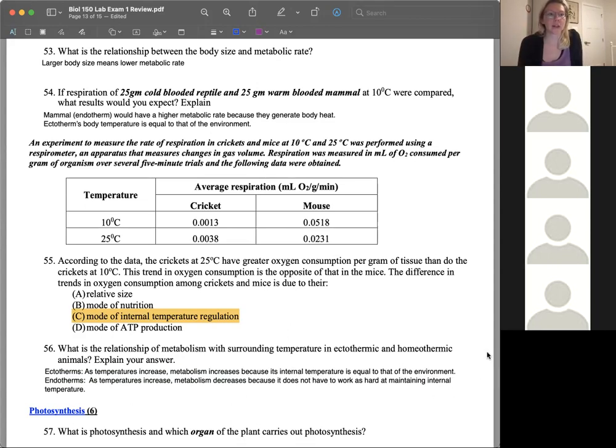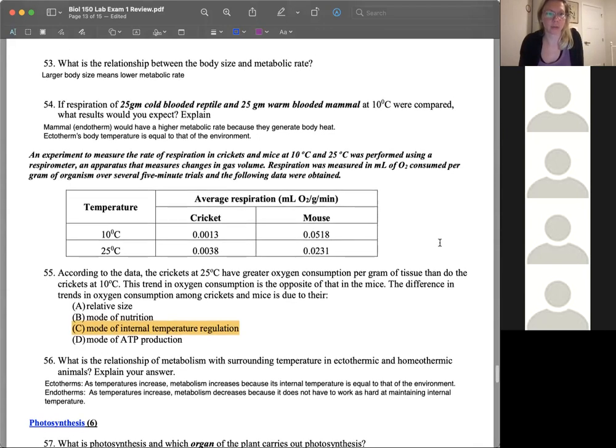All right, so for the cell respiration part on your exam, you're definitely going to want to memorize that formula for calculating metabolic rate. So mL of oxygen consumed per hour per gram.